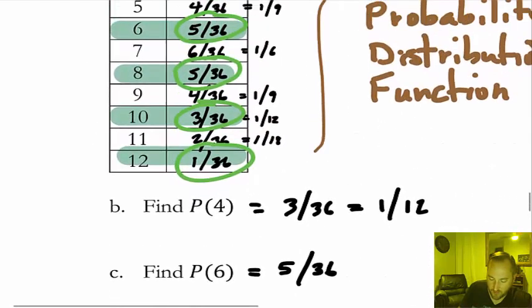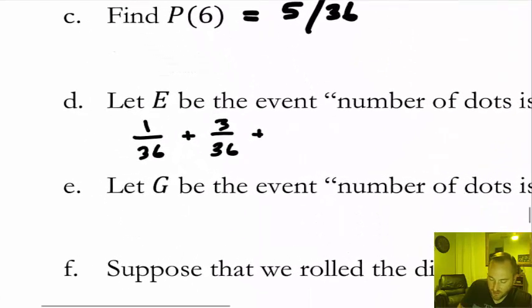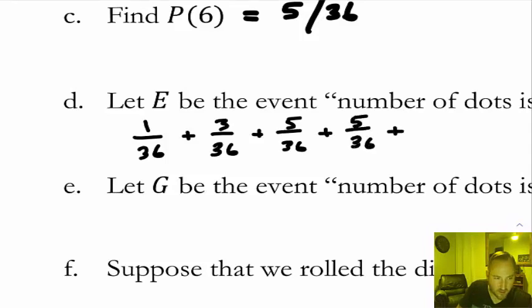And then we'll have a repeat there of the next one, 5 out of 36, and then we keep going. Next one for the 8 is another 5 out of 36. Then we have a 10, kind of scales back there, 3 out of 36, plus the last one, the 12, would be only 1 out of 36.